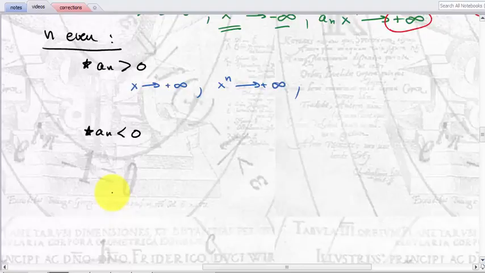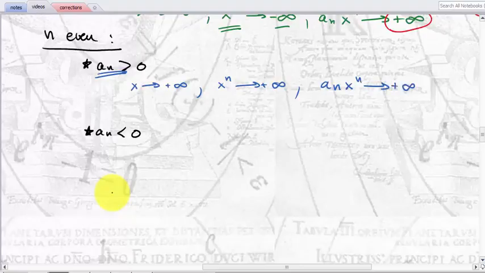So, if n is even, as x approaches plus infinity, if you raise a large positive value to an even power, it's still going to be plus infinity. And if you multiply this by a positive number, it's still plus infinity, okay?